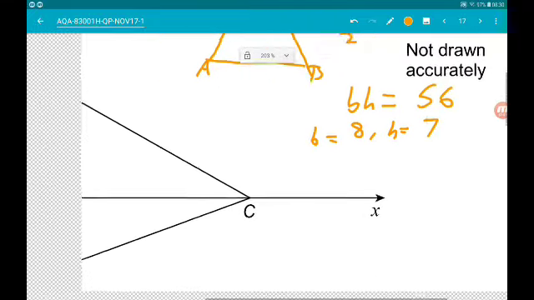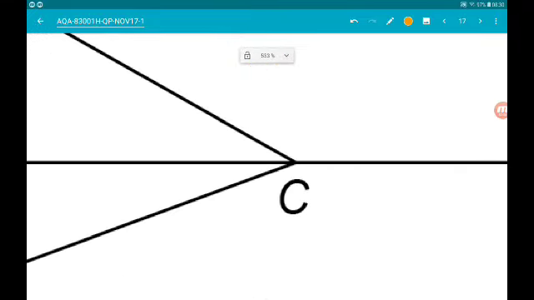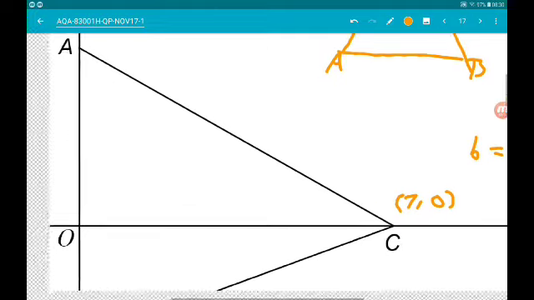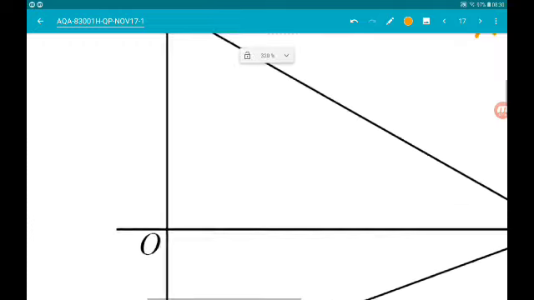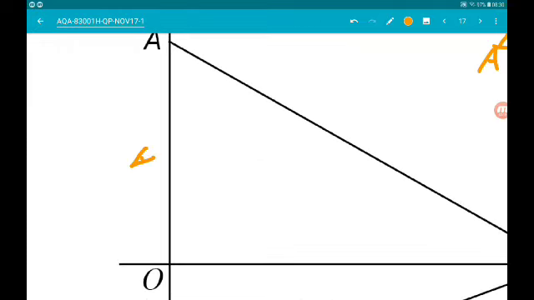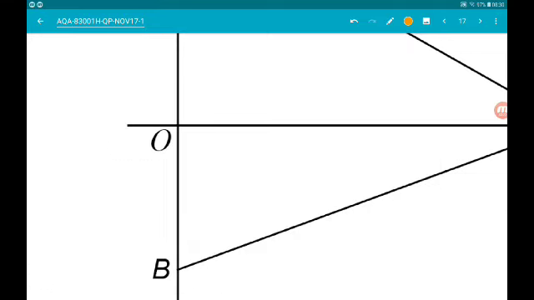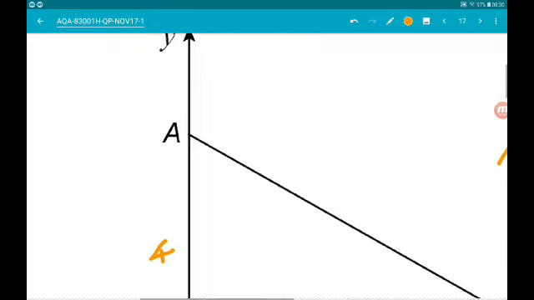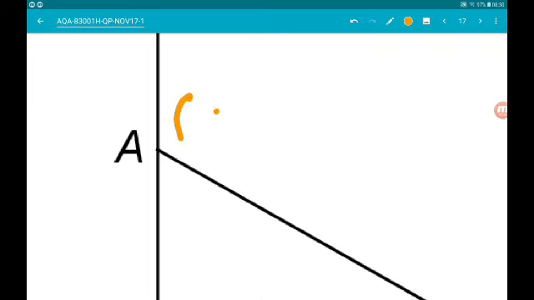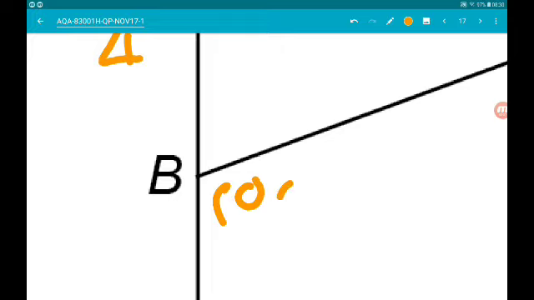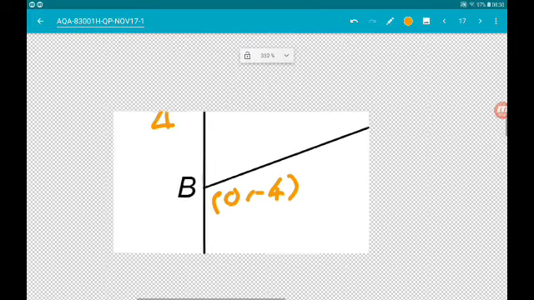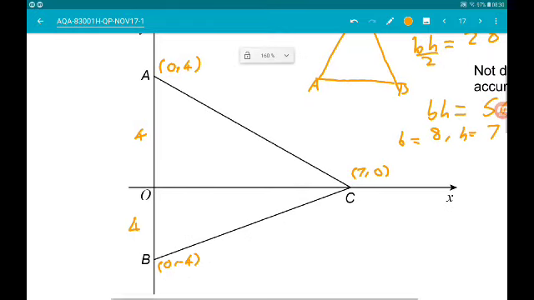So what that would mean is that C would have to be at 7, 0, and then if our base was 8 long, let's have 4 above the x-axis and 4 below. So A could have coordinates 0, 4, and B could have 0, minus 4. Cool. So that is our triangle.